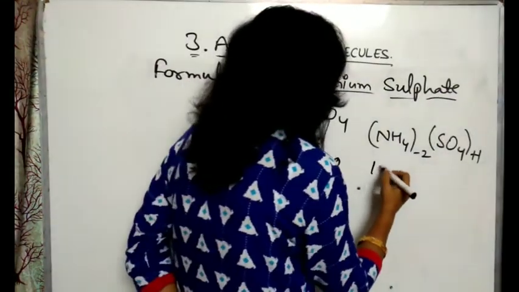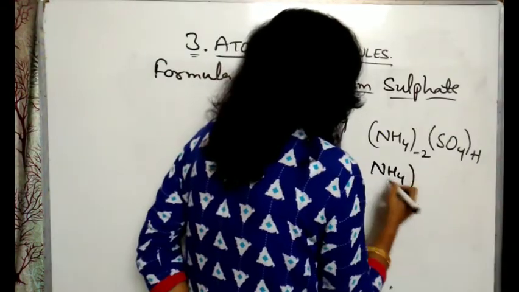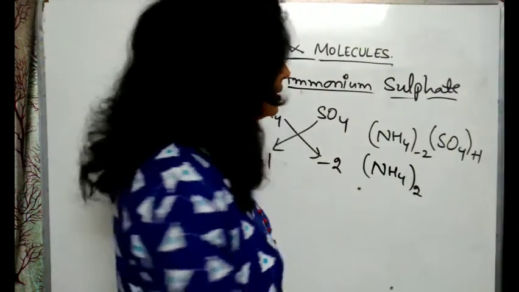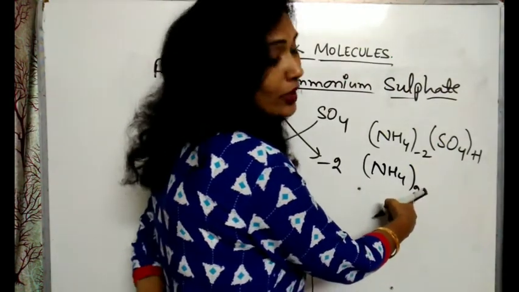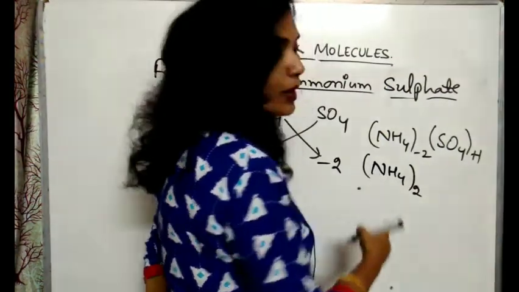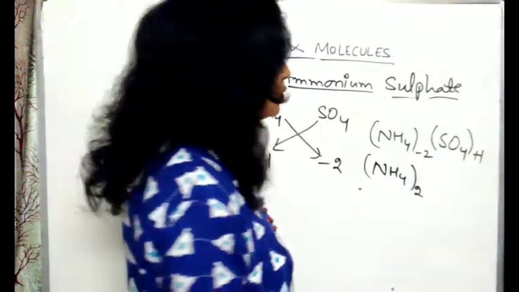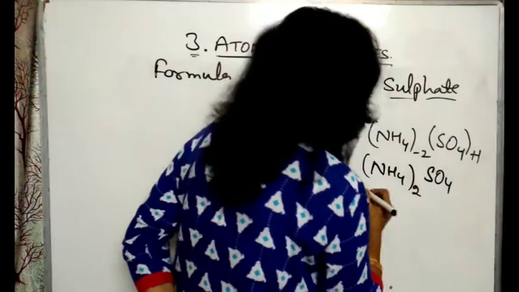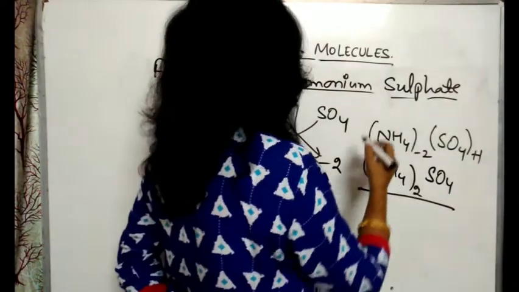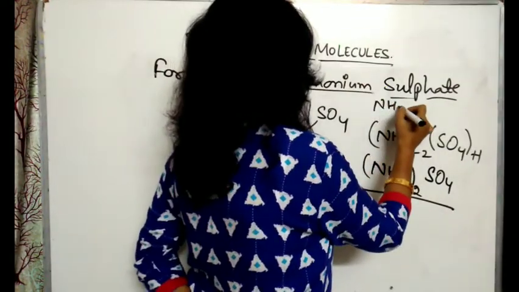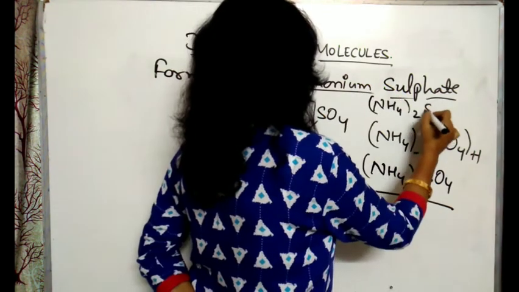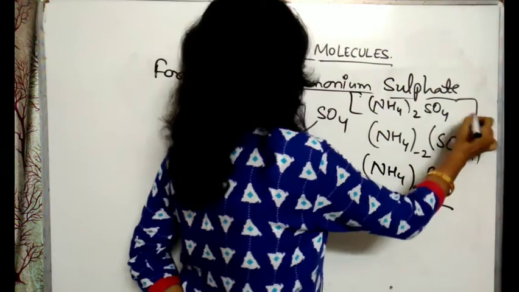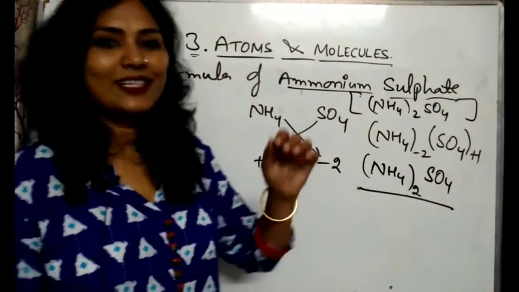So its formula becomes (NH4) whole twice, this 2 is for all these, N and H atoms. Okay, and SO4. So this is the formula of ammonium sulfate, (NH4)2SO4.